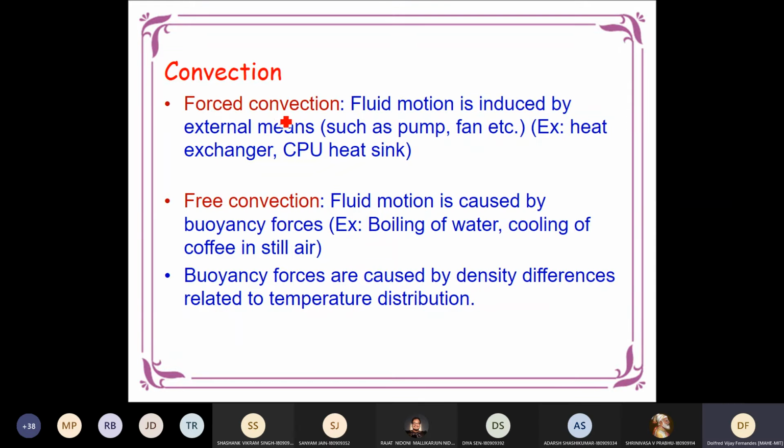This fluid motion is caused by external means, so that is why it is called forced convection. Take heat exchangers, I don't know whether you have seen one, but probably you might have seen a CPU heat sink, right?